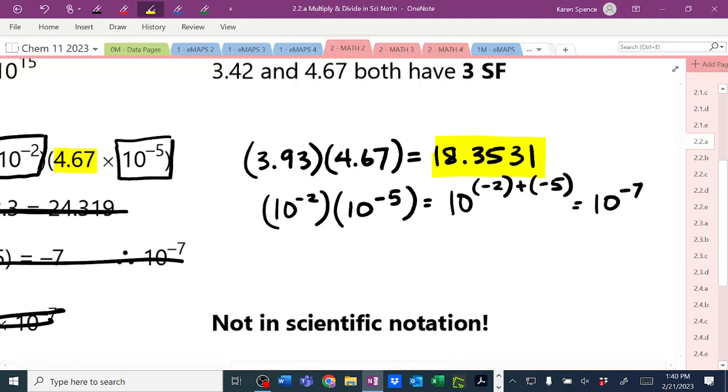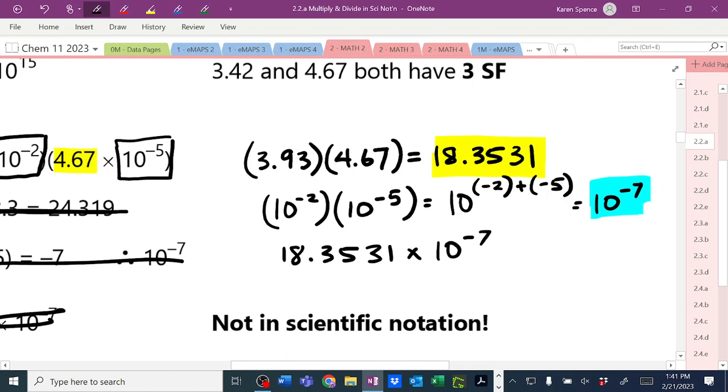So now we're going to take these two parts and put them together. So we have 18.3531 times 10 to the negative 7.